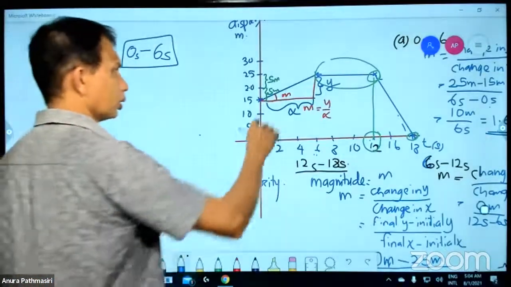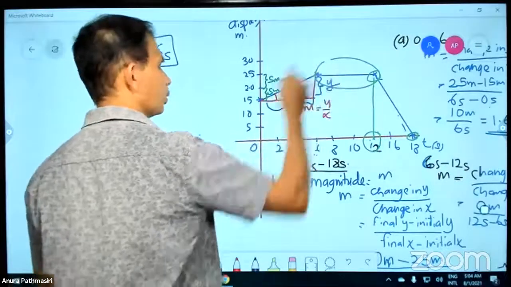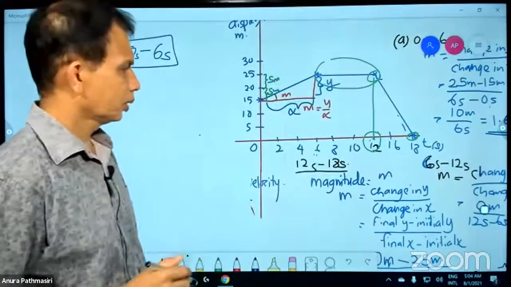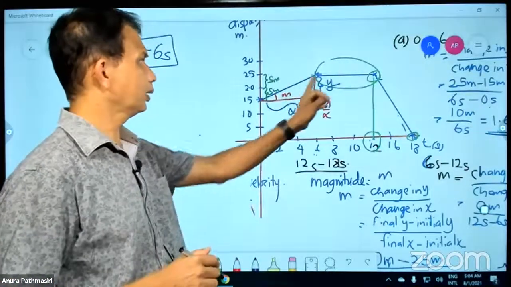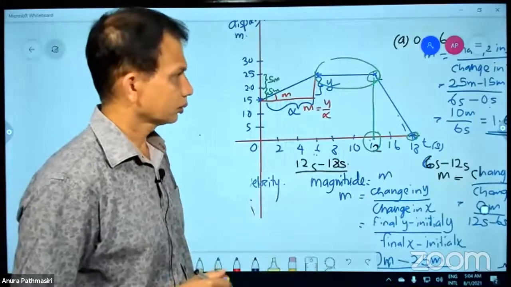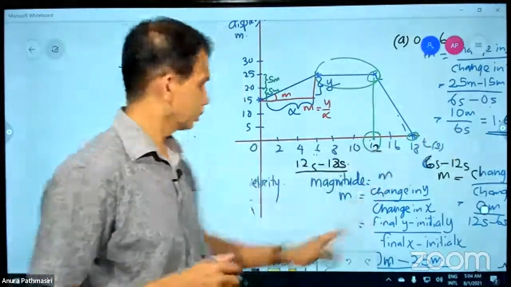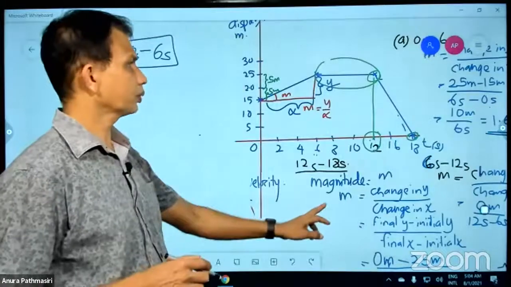And the velocity is always what? Which value? We found out the gradient in this occasion. And what was the value?